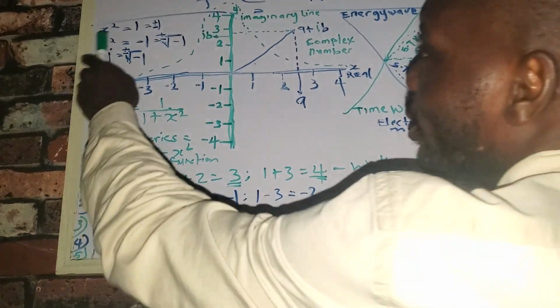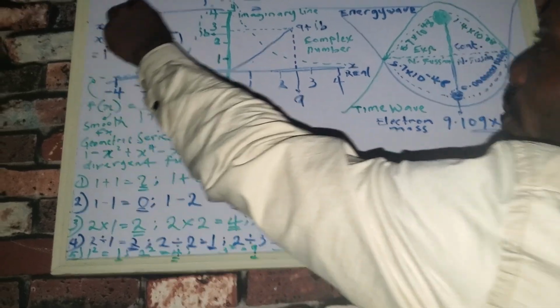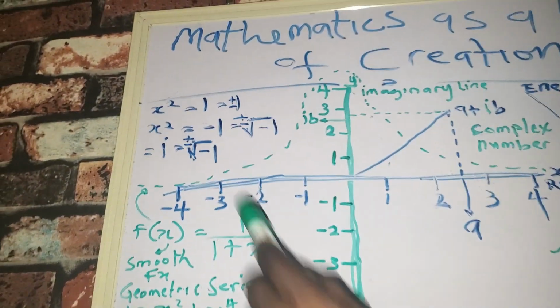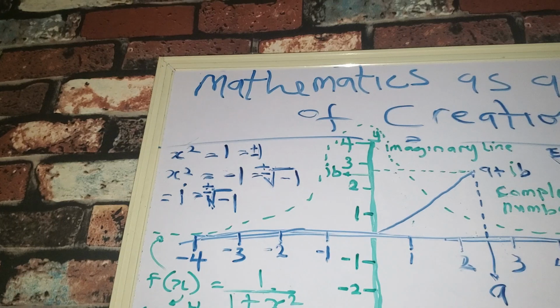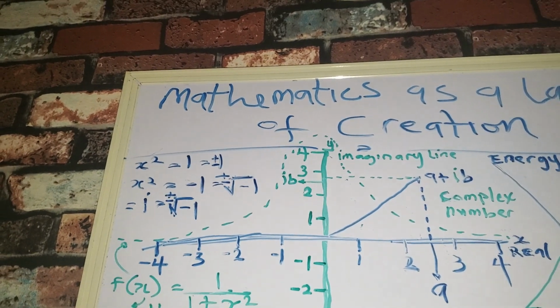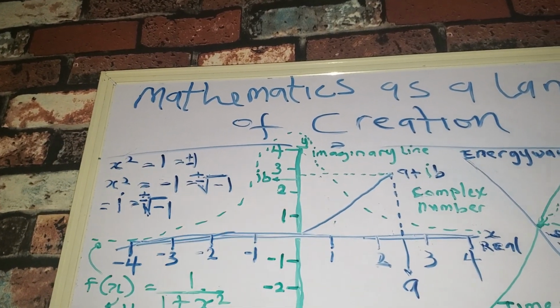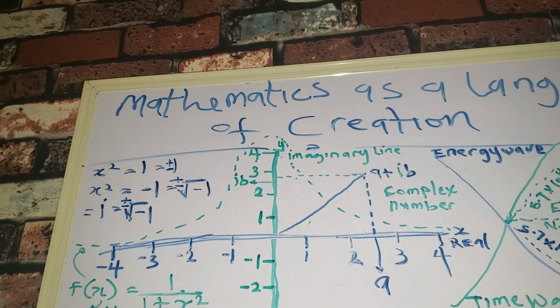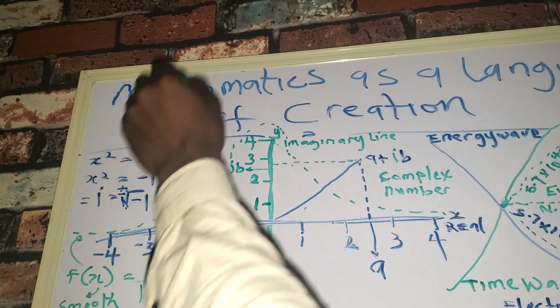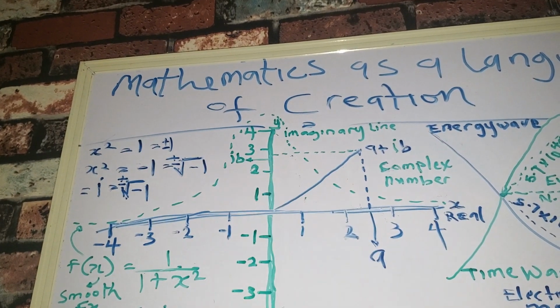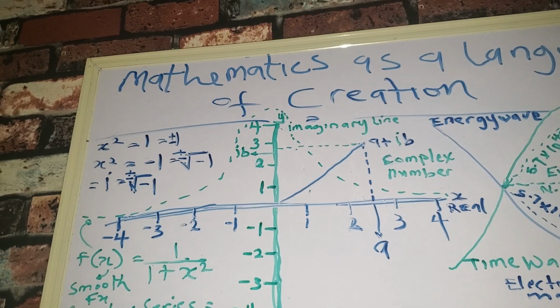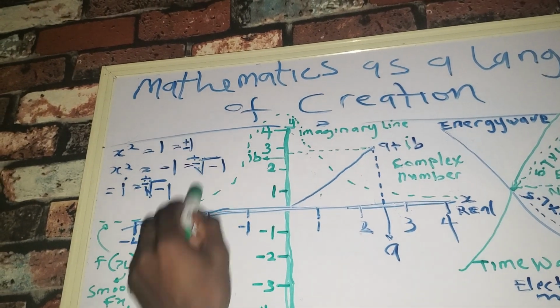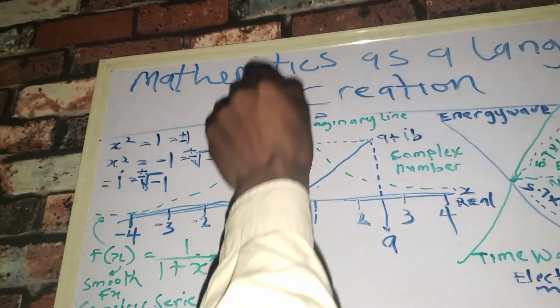So now let's look at this equation: x raised to the power 2 equals 1. What can we square to give us 1? To solve that, we know that when 1 is squared, we have 1. So the answer for this is plus or minus 1.